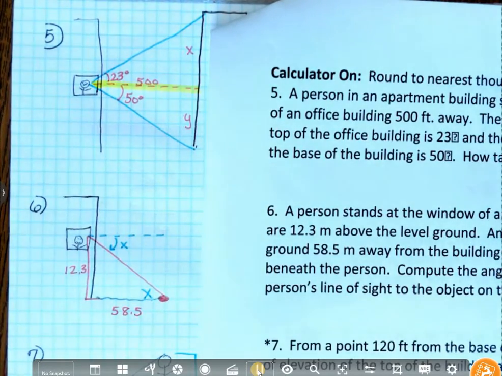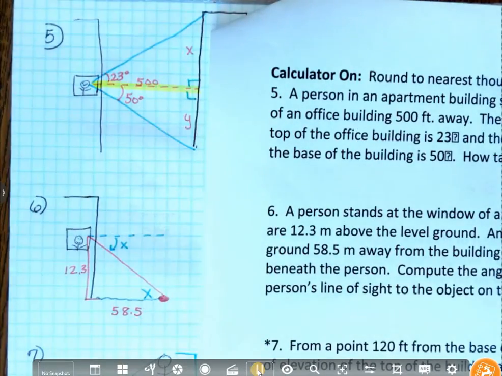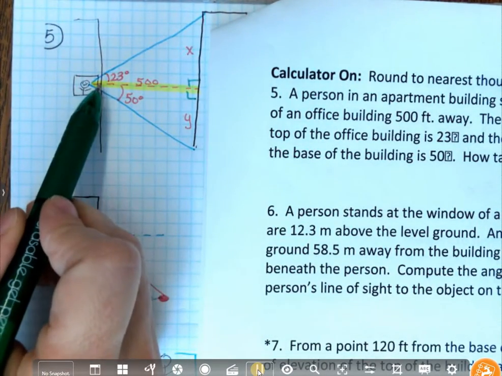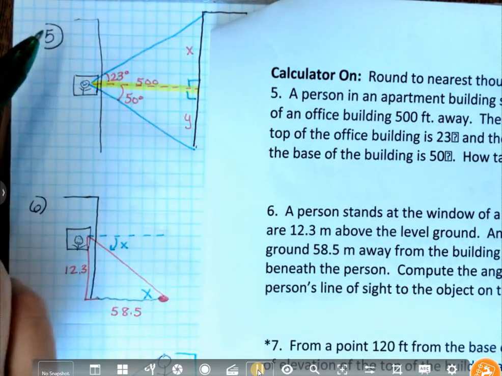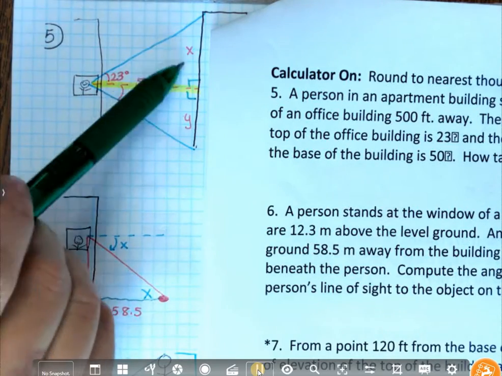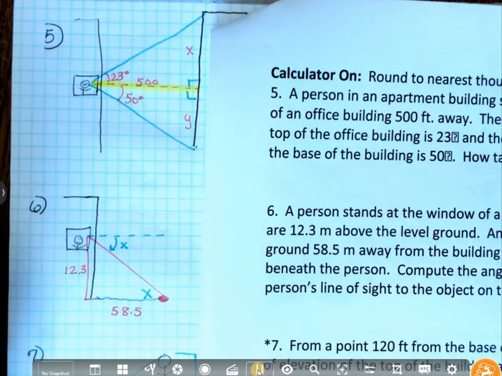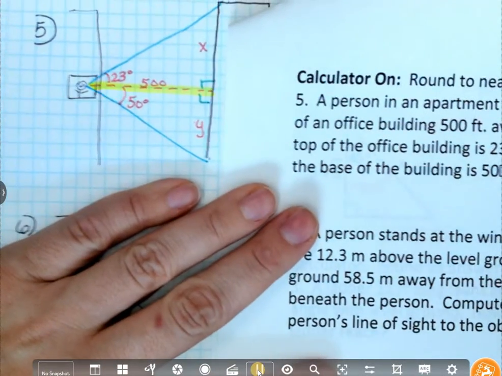Off of that line, you're going to have your right angle in one spot, your elevation or depression in the other. And if you get those mixed up, it's going to be painful. Okay. And then what would you do to find the height of the building? Add those two together. So that's the picture for number 5.